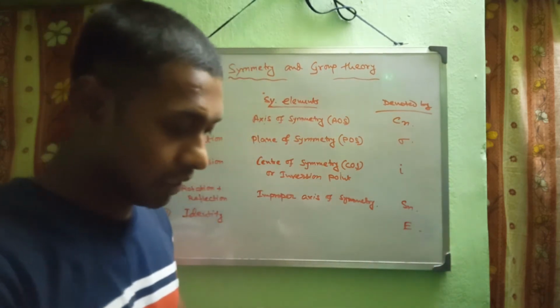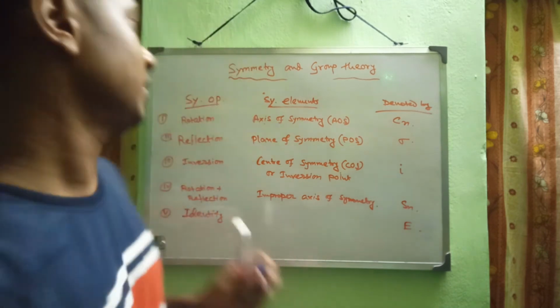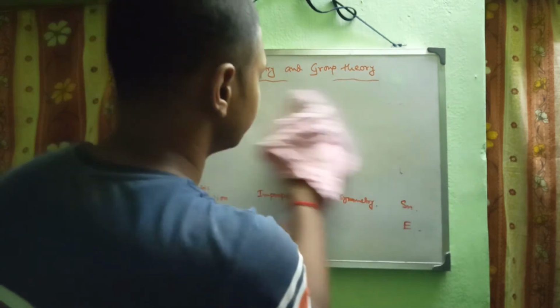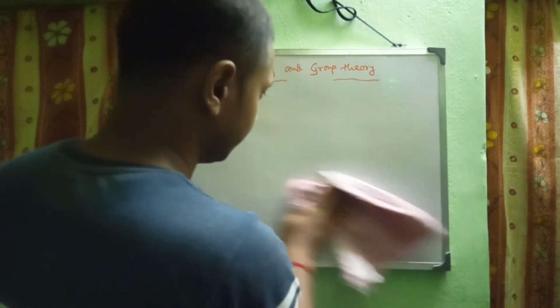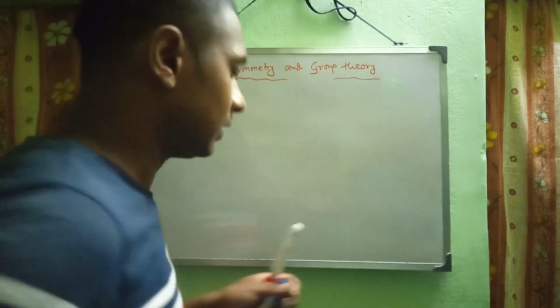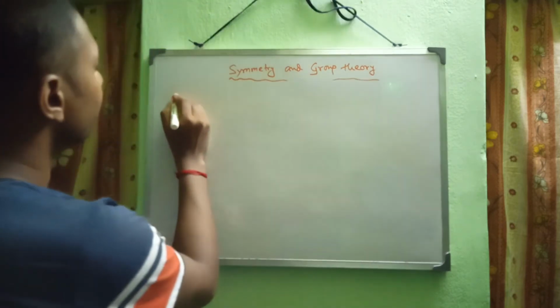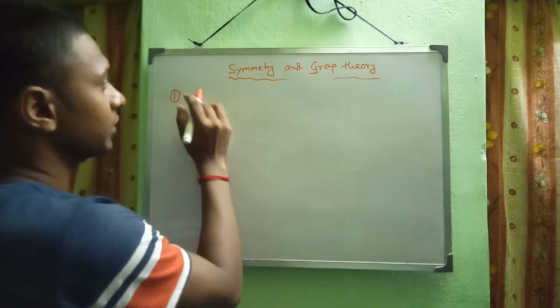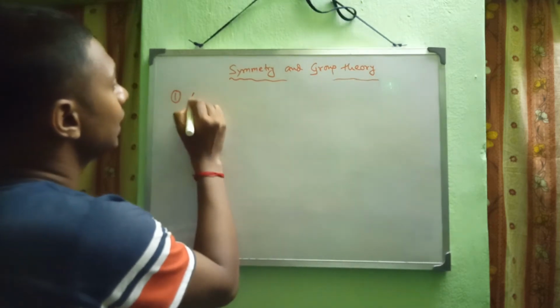Clear? Now let's discuss all the symmetry elements one by one. The first symmetry element is the axis of symmetry.